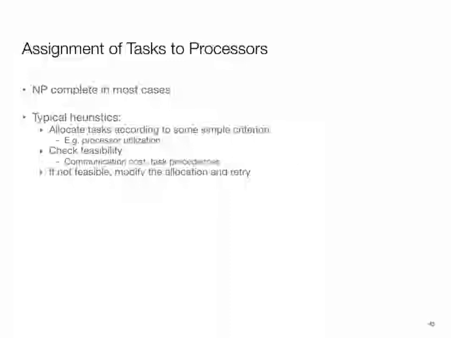A very simple version of this. So for each task and each possible processor, I can define an indicator variable which takes just the value 0 or 1.